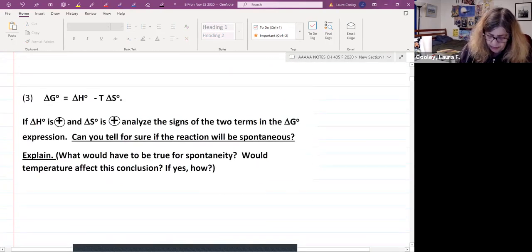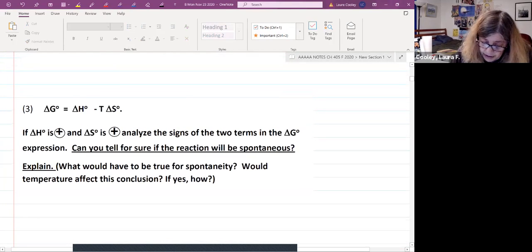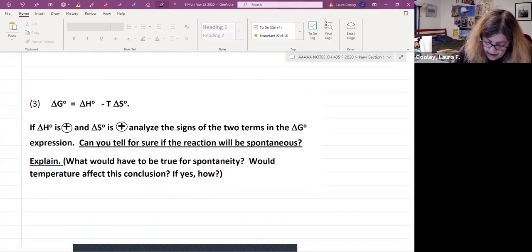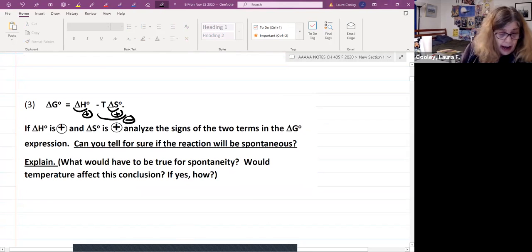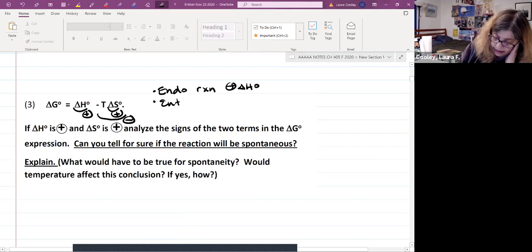And I'm going to go over to 3 here. So this is number 3. Delta H is positive and delta S is positive. Well, that means that minus T delta S is negative. So now we have 2 competing terms. We have an endothermic reaction, a positive delta H. But now we have that entropy increases.